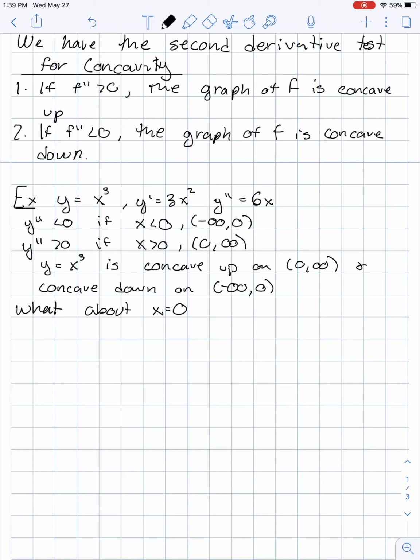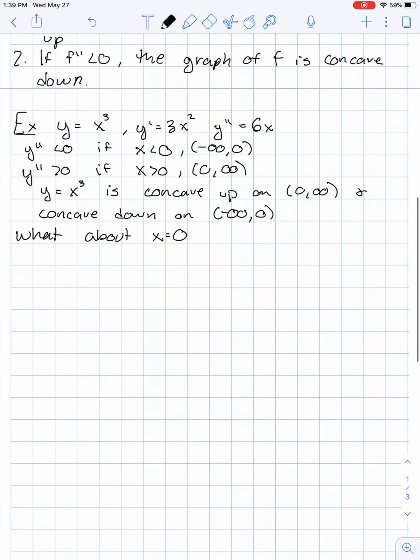So just like we had critical points and extrema for increasing and decreasing in our first derivative, we're going to have possible inflection points and points of inflection for concavity in the second derivative. All right, so we can define those.